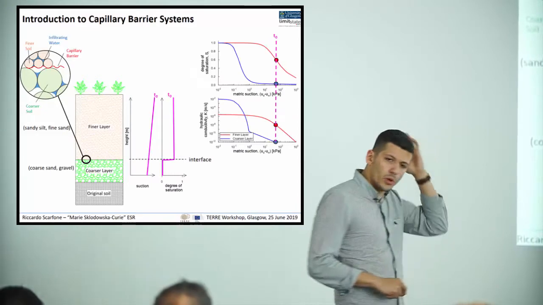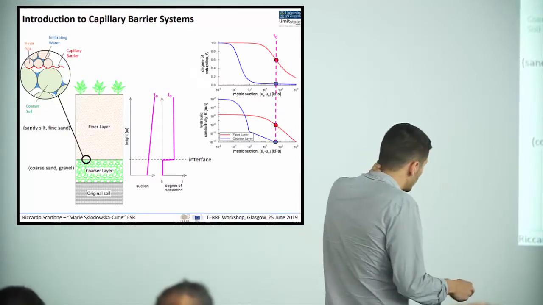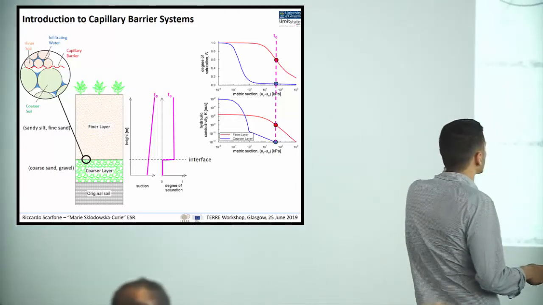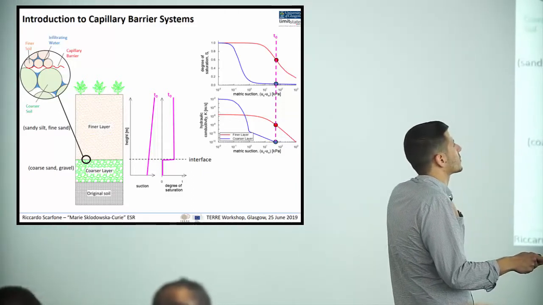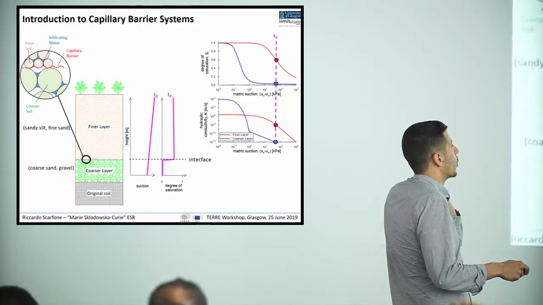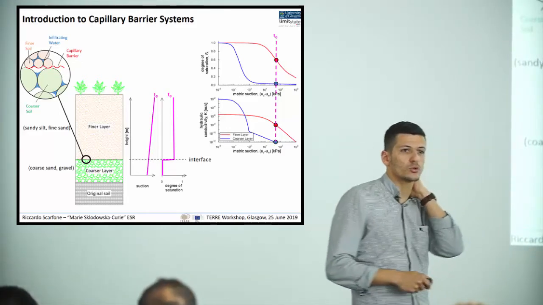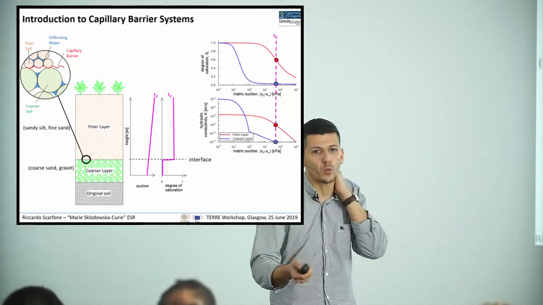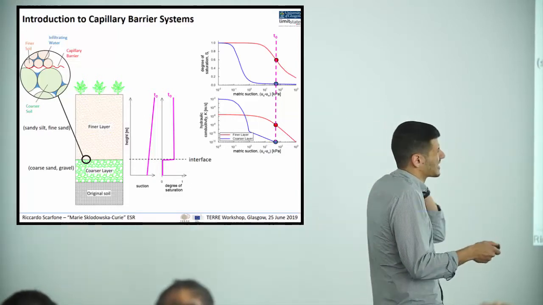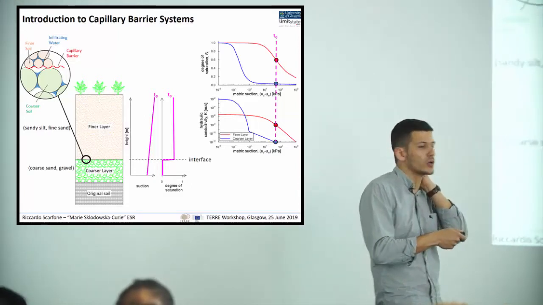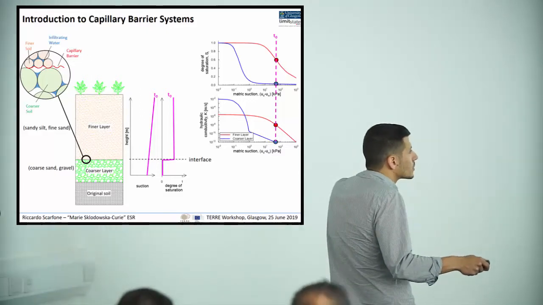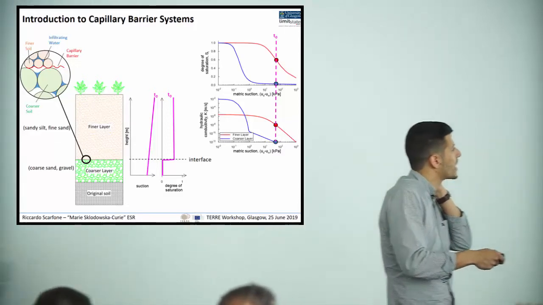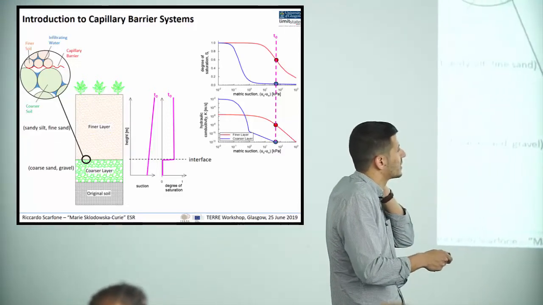The working principle of the capillary barrier system is based on the contrast between the hydraulic properties of these two layers. In particular, the coarser layer is typically at a very low degree of saturation, which in terms of hydraulic conductivity means that in contrast with saturated conditions, where we know basically that a coarser layer has typically a higher hydraulic conductivity, here at low degree of saturation the hydraulic conductivity of the coarser layer is many orders of magnitude lower than the finer layer.